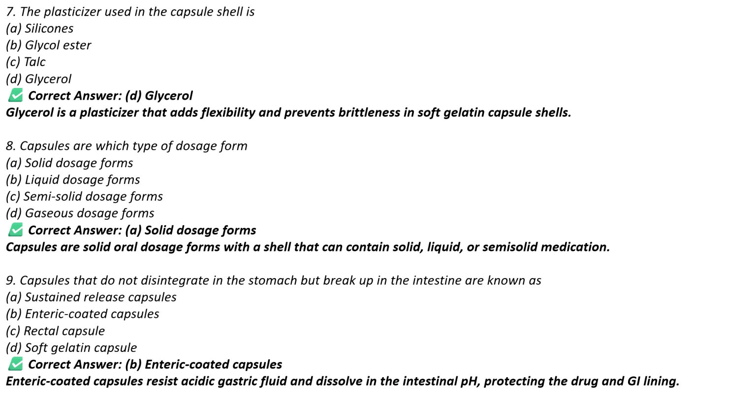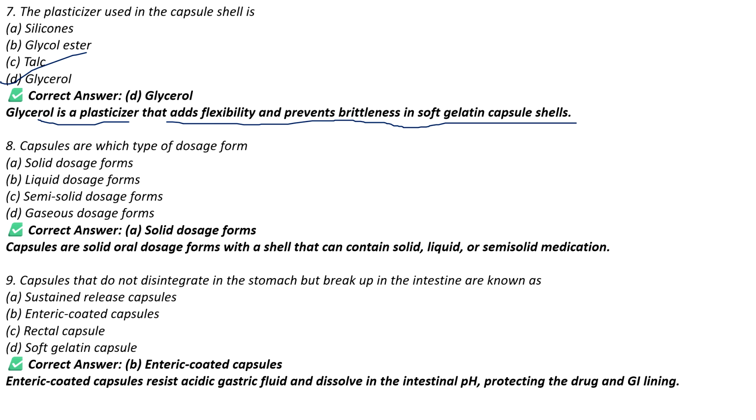Moving on to the next question, the plasticizer used in the capsule shell is. Options are silicones, glycol ester, talc, or glycerol. Glycerol is a plasticizer that adds flexibility and prevents brittleness in soft gelatin capsule shells. So we can say option D, glycerol, is used as a plasticizer for capsule shells.